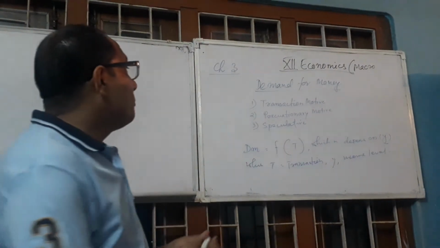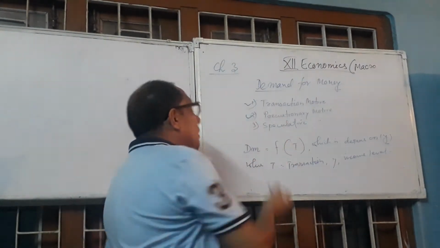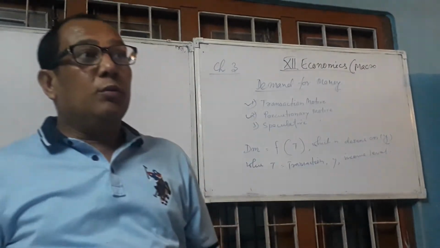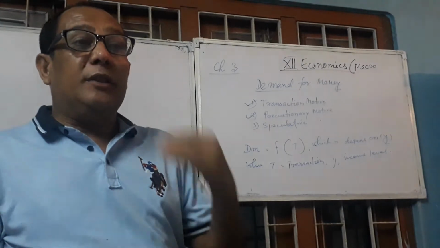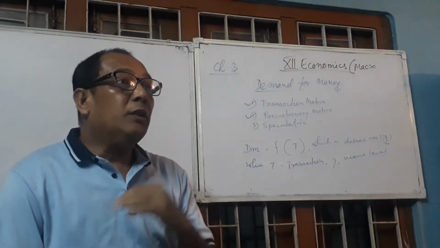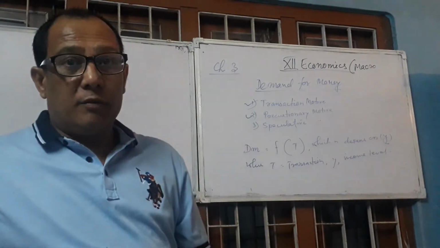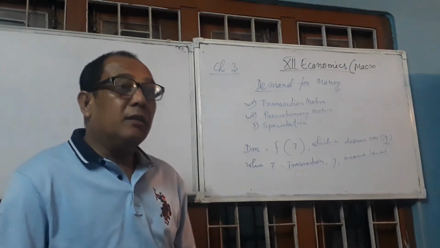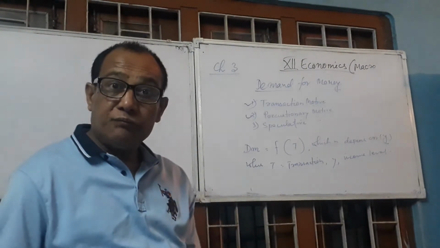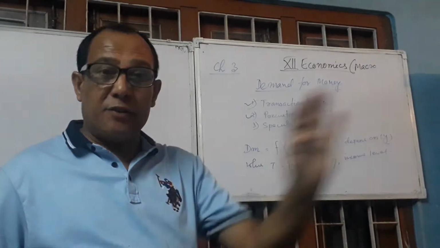Next is the precautionary motive. Precautionary motive means people demand money to deal with day-to-day problems. Everybody can face so many problems daily, like somebody may fall sick at home, or somebody may have an accident.